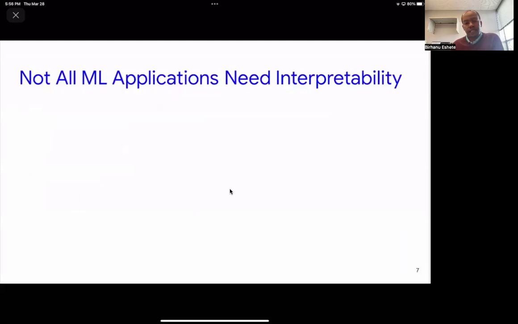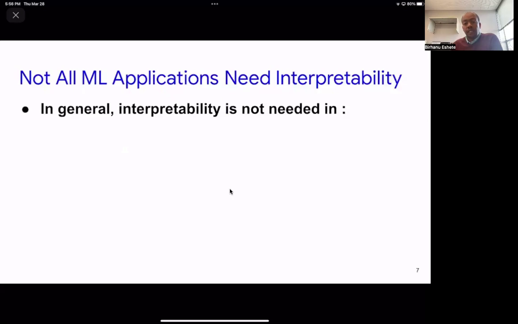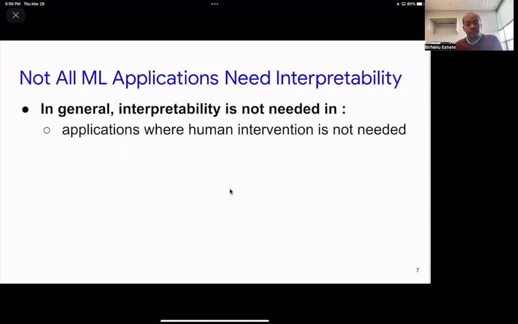But on the other side of the coin, we also have to point out that not all machine learning applications need interpretability. So every time we talk about machine learning and we want to talk about interpretability, we are not necessarily saying that for every model prediction we need explanations. In general, interpretability is not needed, for example, in applications where human intervention is not needed.